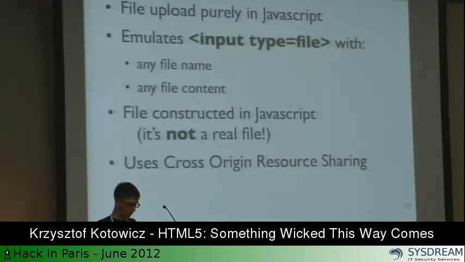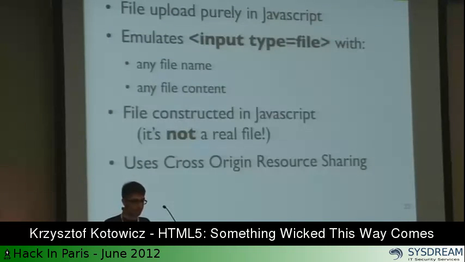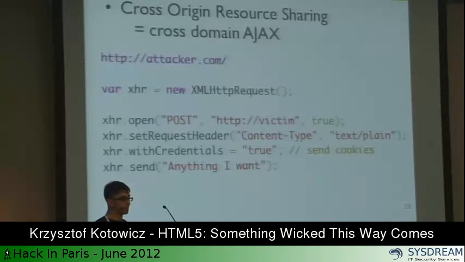So, for example, I can inject with JavaScript this little image without even touching Bob's hard drive. The silent file upload uses yet another HTML5 feature called cross-origin resource sharing. And cross-origin resource sharing, to put it shortly, is just cross-domain AJAX, a technique that has been used for years to create responsive web applications.